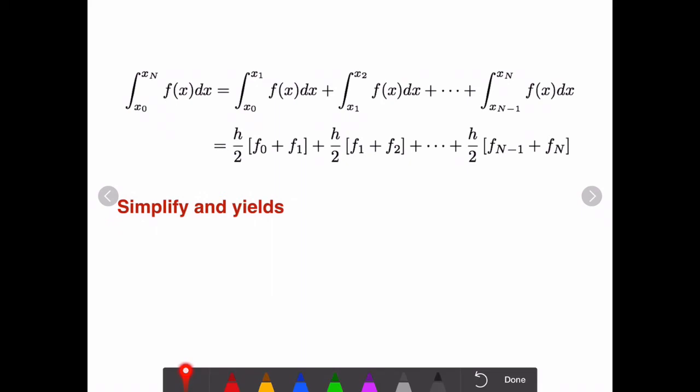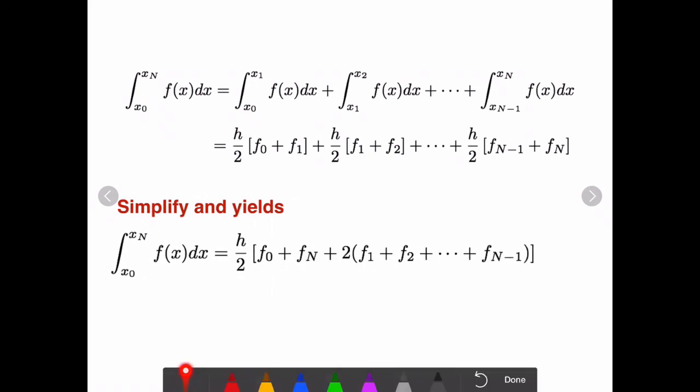Next we just simplify this and you will get the generalized formula like this one. For every integral, the formula here has h over 2, h over 2, h over 2, so I can just factorize, and we have this.